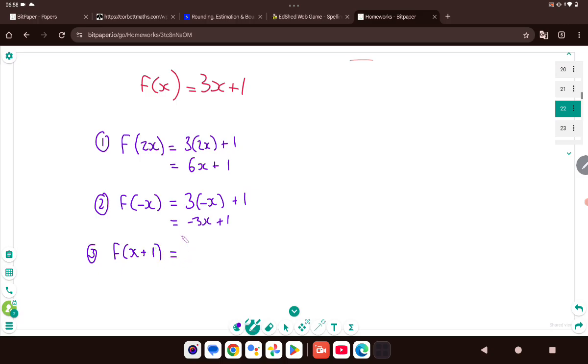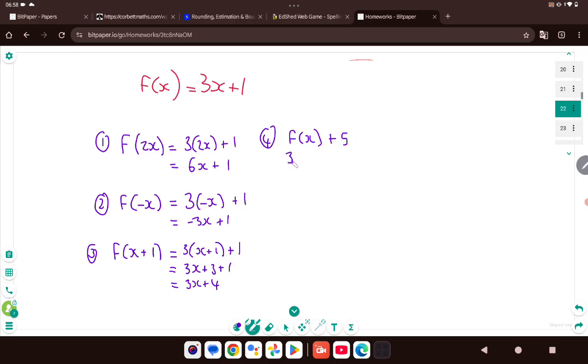f of x plus 1. This time I'm going to replace the x for x plus 1. Expand your brackets and simplify. Well, how about the f of x plus 5?